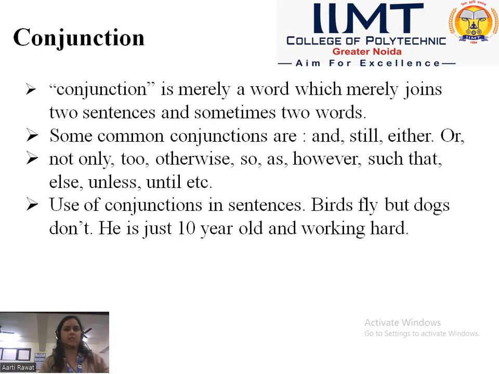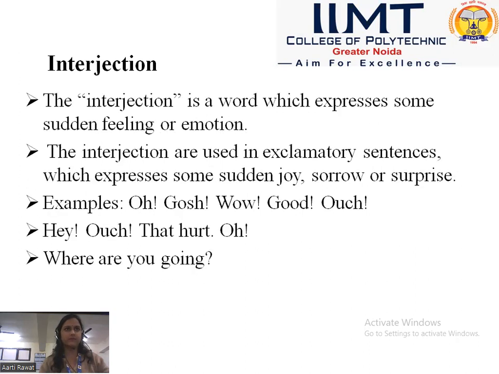He is just 10-year-old and working hard. In the first sentence, but is a conjunction, and in the second, and is a conjunction, because they join two parts of the sentence.